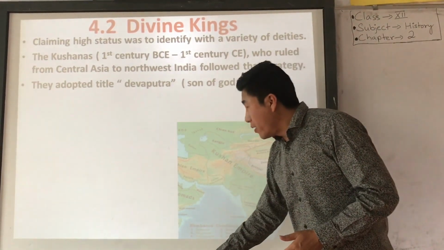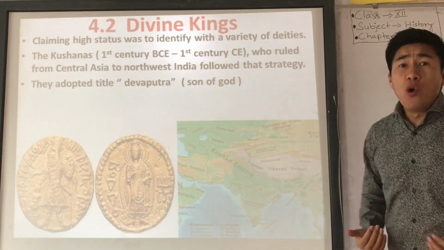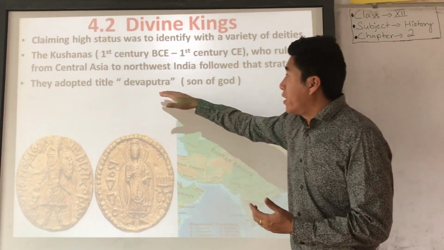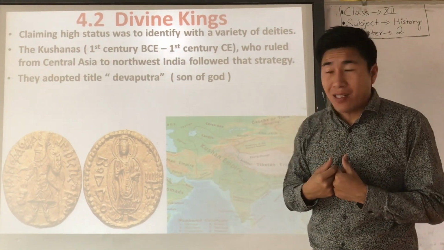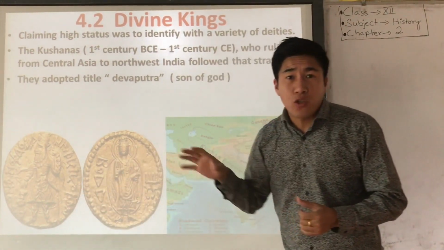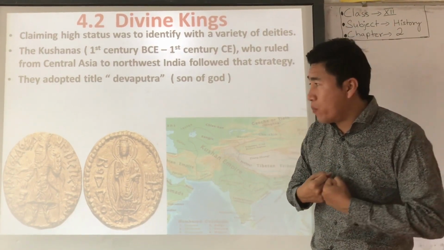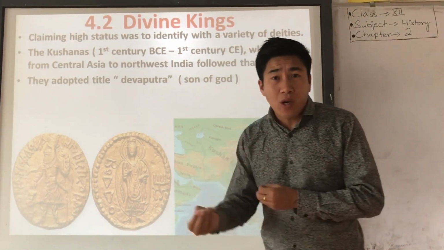A very important king. And the most important source, I would say, to reconstruct how they got this kind of title is the coin itself. The coin clearly shows that they were very eager to get this kind of title. How? Because the Kushana kings introduced a coin.